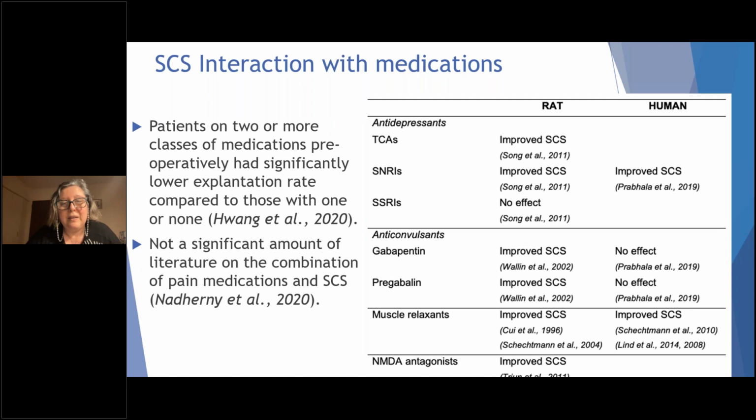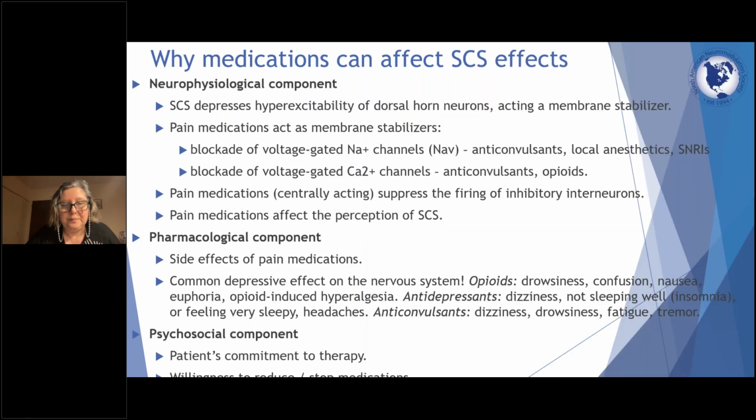But just to give you an idea, there are some medications which can influence the effects of spinal cord stimulation. Why this is happening is that there are 3 components: the neurophysiological component, the pharmacological component, and the psychosocial component. When you apply spinal cord stimulation, neuromodulation, for those patients, you try to decrease the excitability of the dorsal horn neurons, acting basically as a membrane stabilizer.